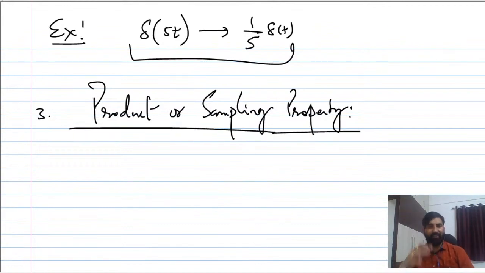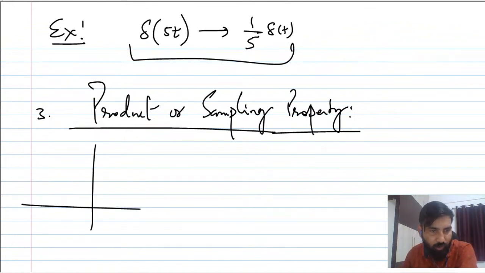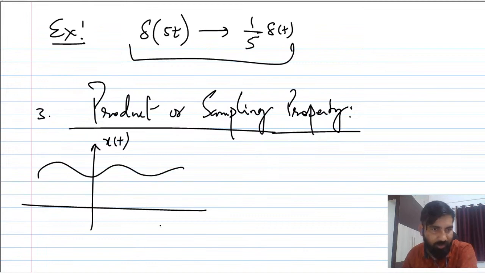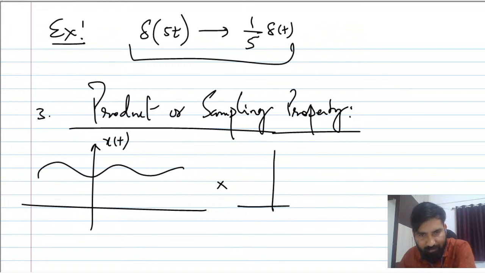As I said in the beginning itself, when you multiply any signal with the impulse function, you will get the sample value of the signal. So let me take one example here, then I will explain this property. Suppose we have got any continuous time signal, you can say this is x of t, and we are multiplying this with the impulse.